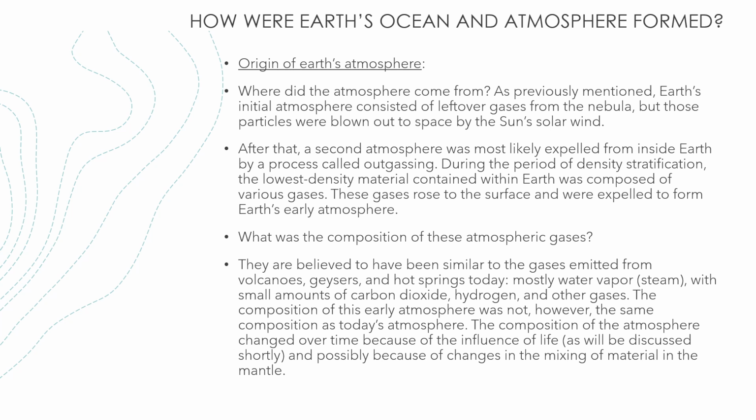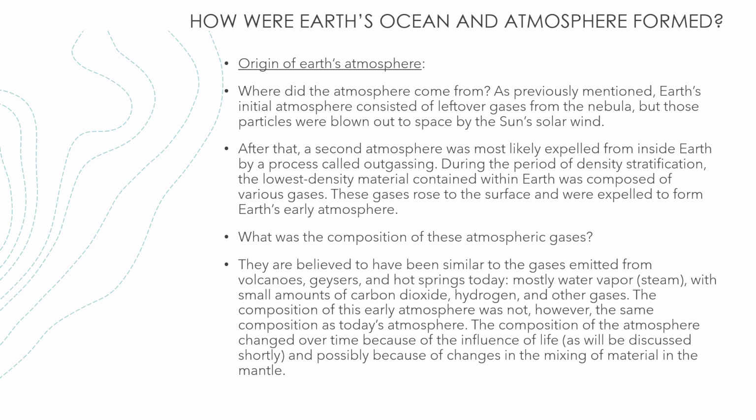So what was the composition of these atmospheric gases? What gases were taken out from the interior of the Earth to the exterior? They are believed to be similar to the gases emitted from volcanoes which we see in the modern world.